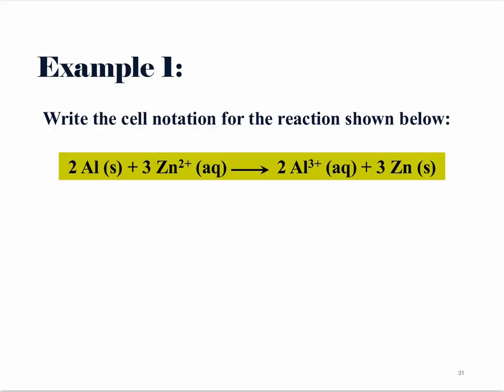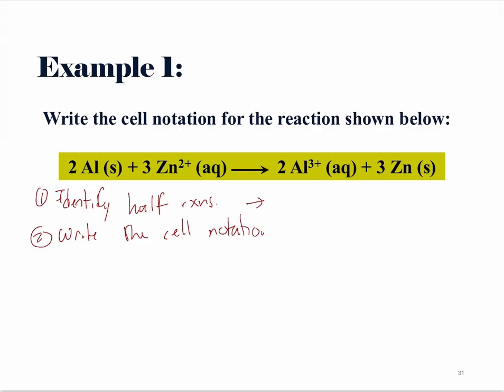So if you have this system here, take a second to see if you can write the cell notation for the following reaction. First step, identify the half reactions, then write the cell notation. And you can write the unbalanced half reactions because you don't include the electron or the charge in the cell notation.